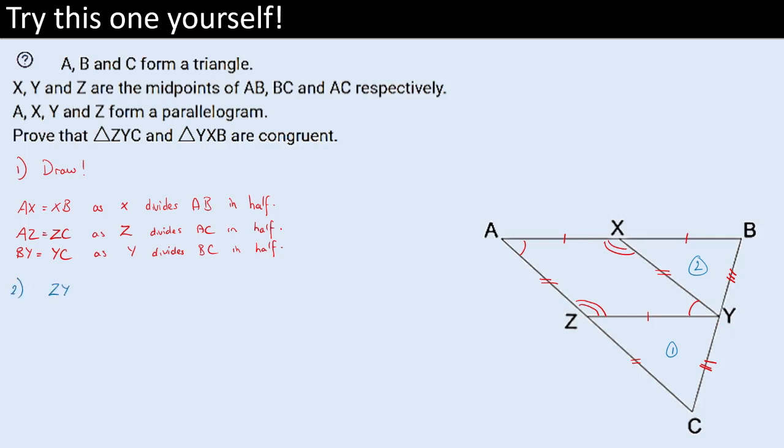So ZY is going to be equal to XB as XB equals AX and ZY equals AX because opposite sides in parallelograms are equal.